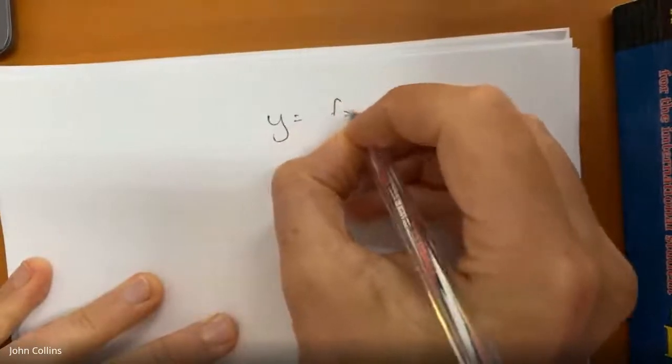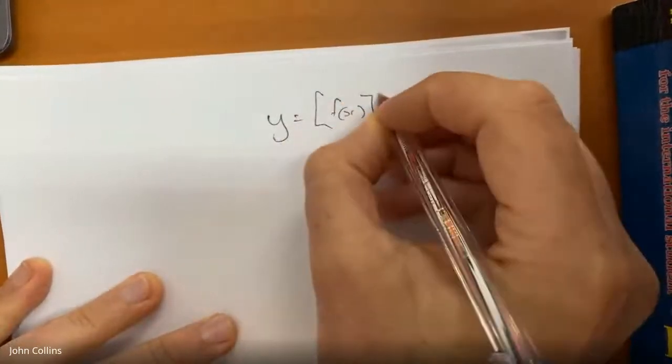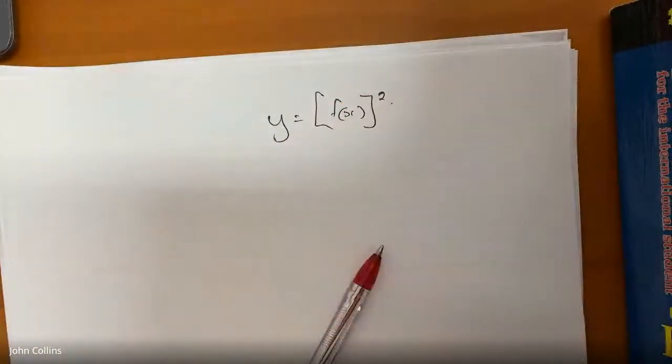All right, so we're going to look at what happens when we square a function. So y is equal to f of x squared. Okay, so we're just going to switch cameras momentarily, so hopefully this works.